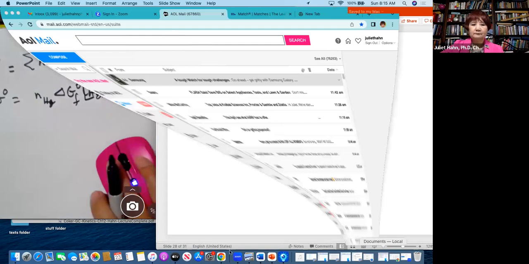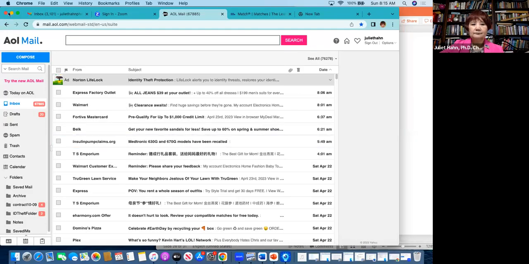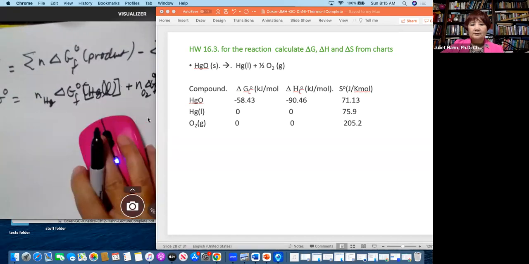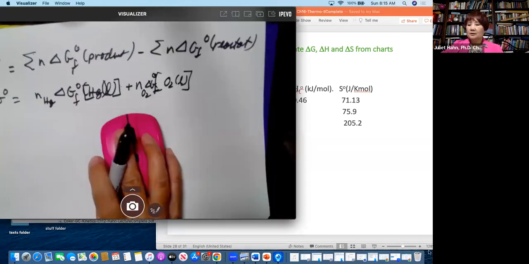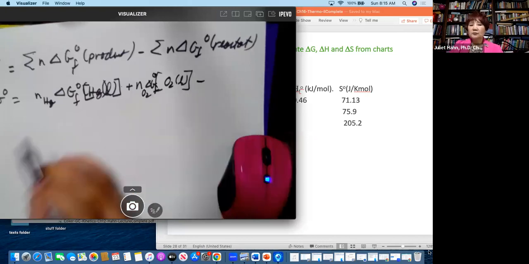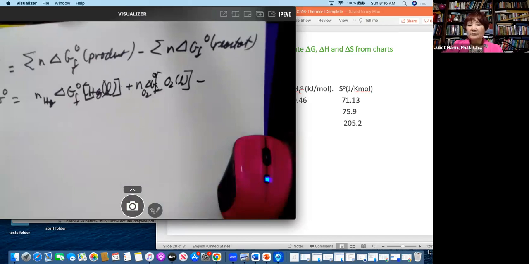Minus, and you only have one reactant. If you had more than one, you'd have to add them together, but you only have one.